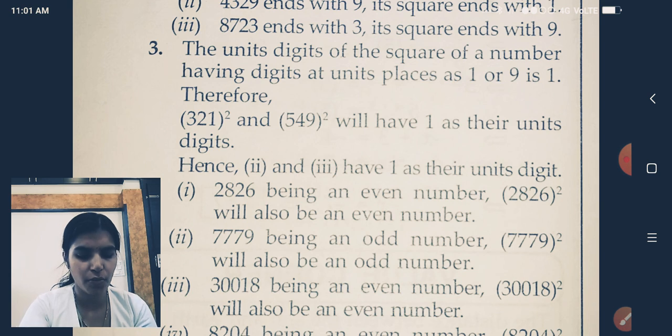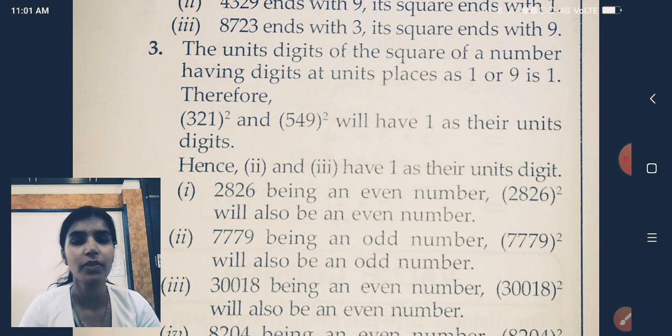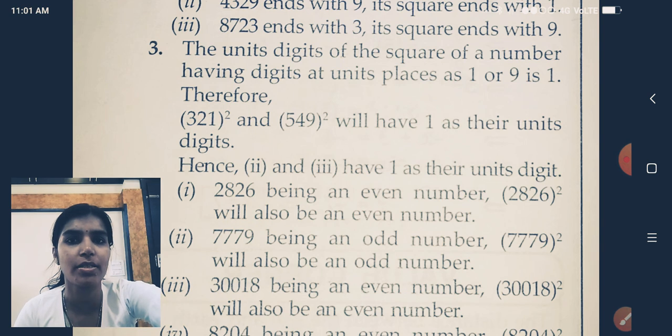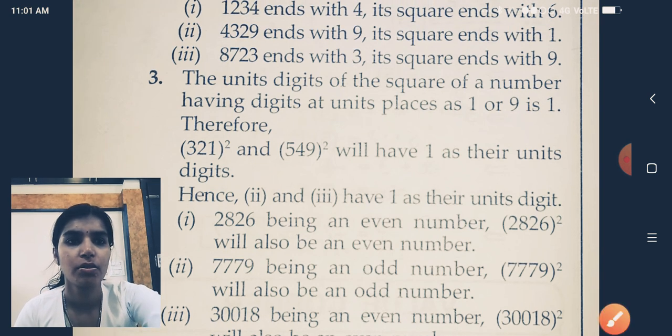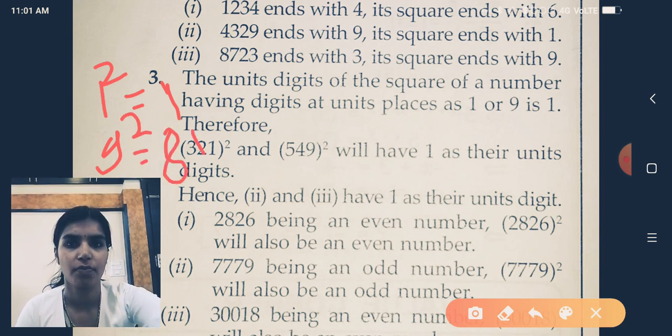Which of the following squares end with the digit 1? So whose square has 1 at the end? You see that 1 squared is equal to 1, and 9 squared is equal to 81.